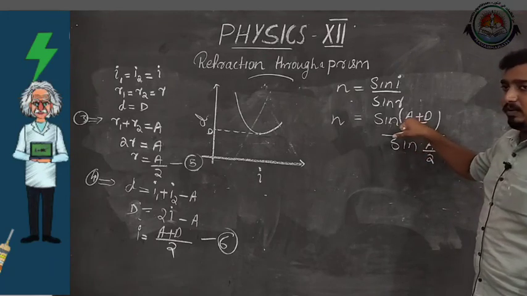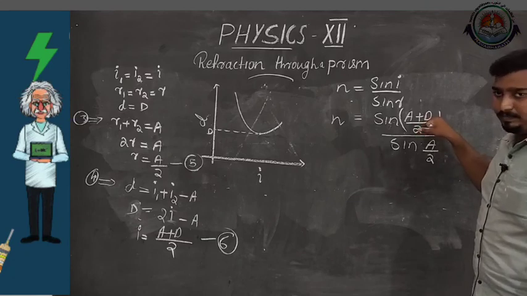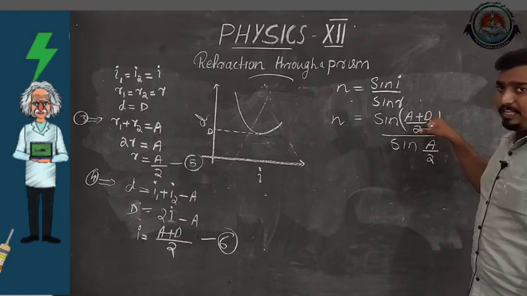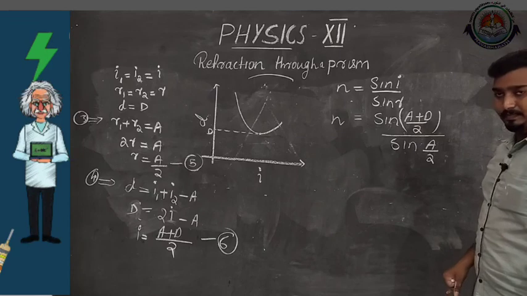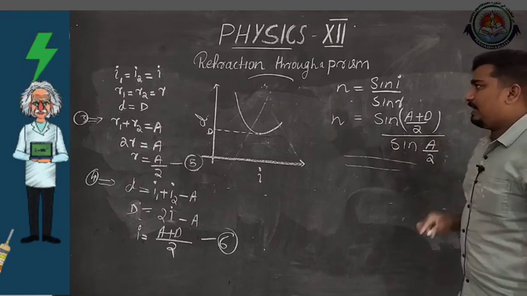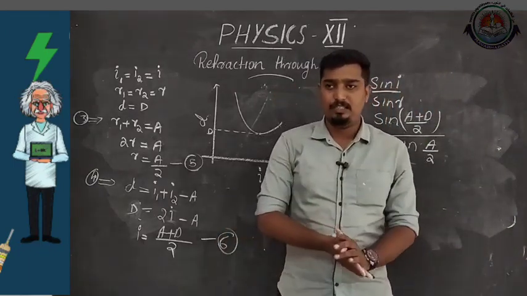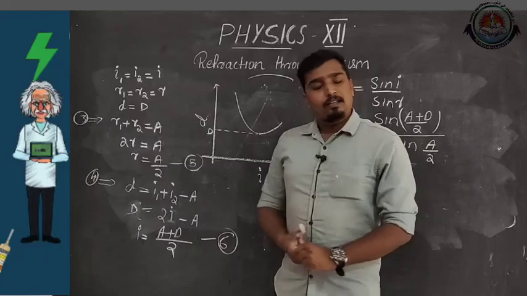Here A is the angle of the prism, and D is the minimum deviation. Clear? This is the refraction through a prism. I hope you all understand this session. Thank you.